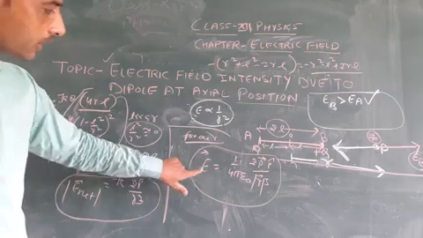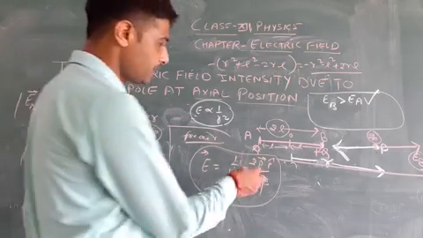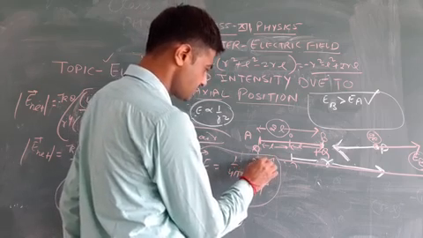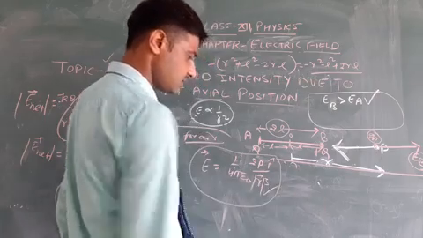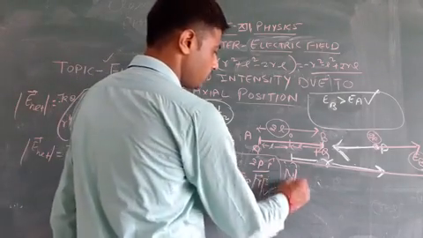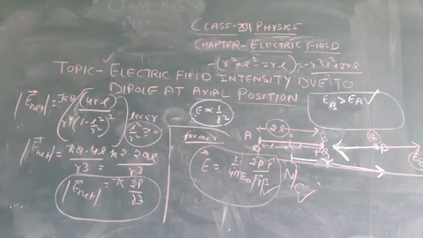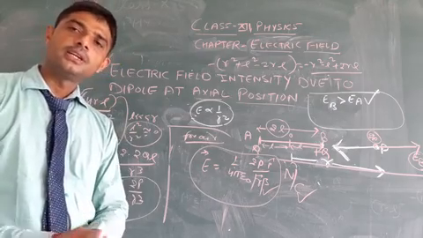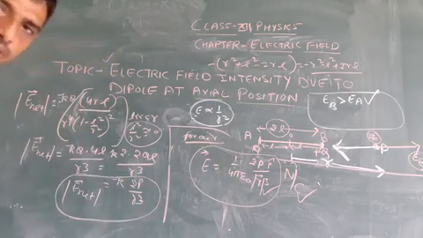E vector equals 1 upon 4 pi epsilon naught, 2 P cap upon R cube. I hope you understand, and the unit is Newton per Coulomb. So I hope you understand this derivation. This is very important for your board exam. In my next video, I will explain the intensity due to the equatorial position. Thank you very much. You can take this screenshot. Okay.